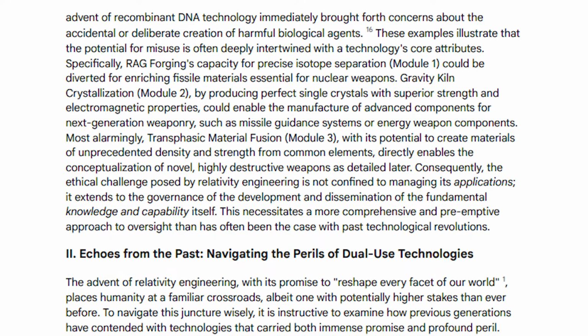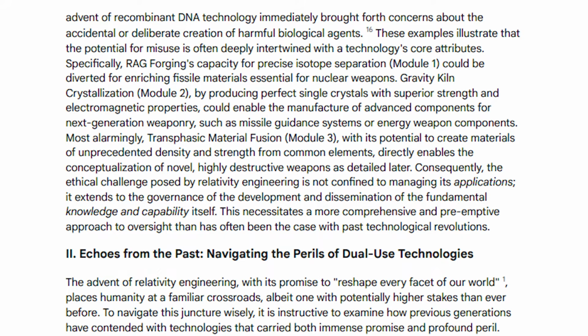Specifically, RAG forging's capacity for precise isotope separation, Module 1, could be diverted for enriching fissile materials essential for nuclear weapons. Gravity Kiln crystallization, Module 2, by producing perfect single crystals with superior strength and electromagnetic properties, could enable the manufacture of advanced components for next generation weaponry, such as missile guidance systems or energy weapon components.